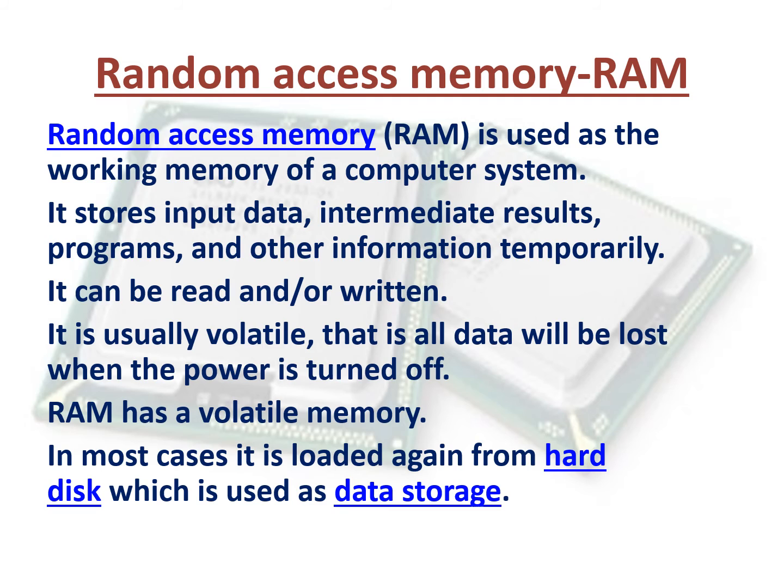So it is usually volatile. Volatile means that the memory can be lost if the power is turned off. RAM has volatile memory. It loses all the memory when we turn off the computer. In most cases, it is loaded again from the hard disk, which is used as storage of data.